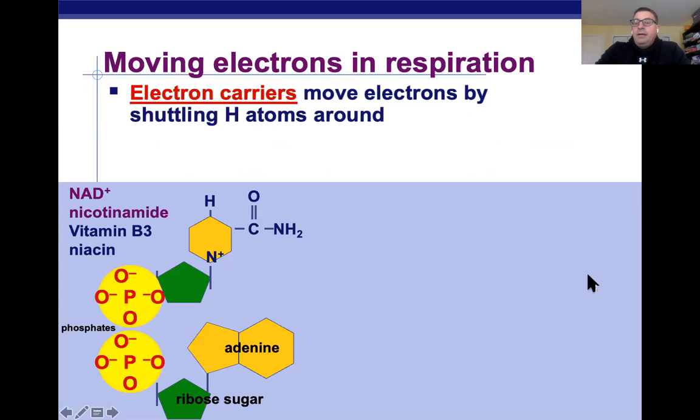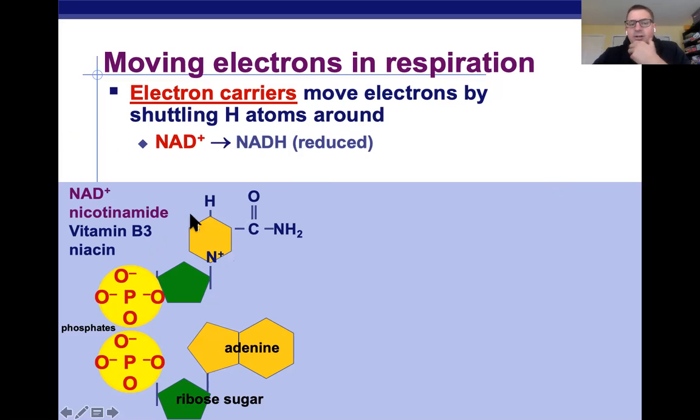Oxidation reactions are exergonic, as electrons are stripped away and energy is released, and reduction reactions are endergonic. Now, in cellular respiration, there are very specific carrier molecules that shuttle these hydrogen atoms around inside of the cell and inside of the mitochondria. These electron carriers are made from vitamins that we eat, like vitamin B3, which is niacin.